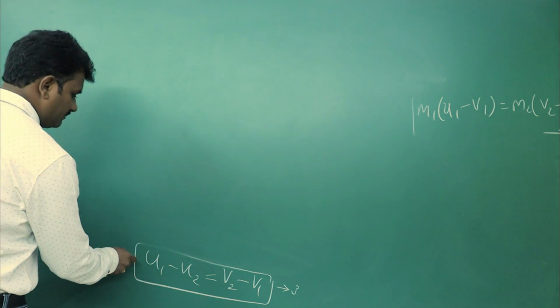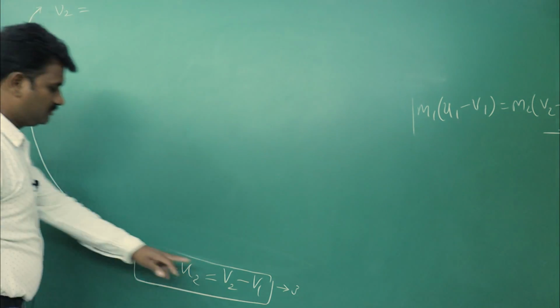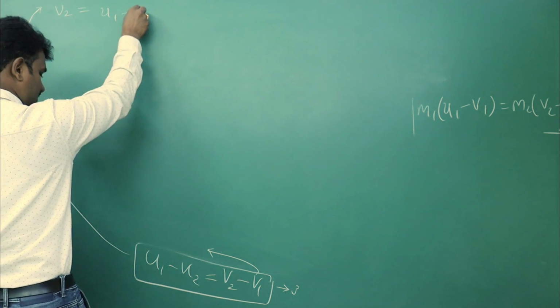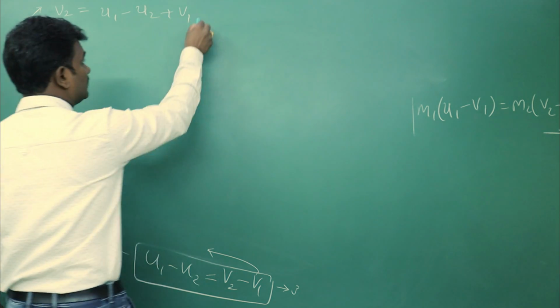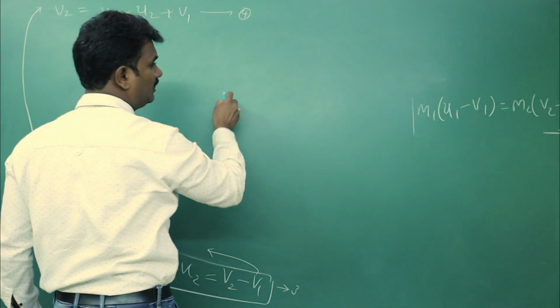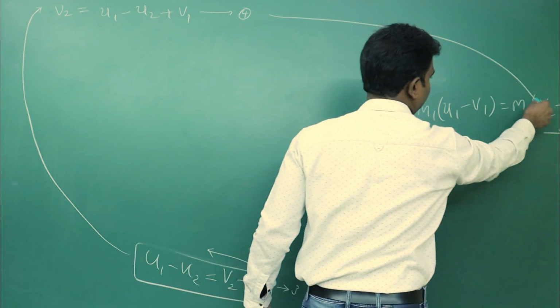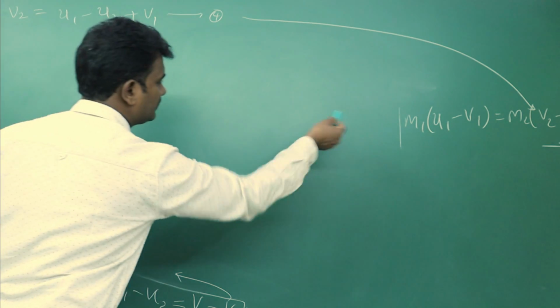From the third equation, we can write v2 is equal to, just sending it towards left, u1 minus u2 plus v1. Say this is equation 4. Put this fourth value, the v2 value, here and simplify.